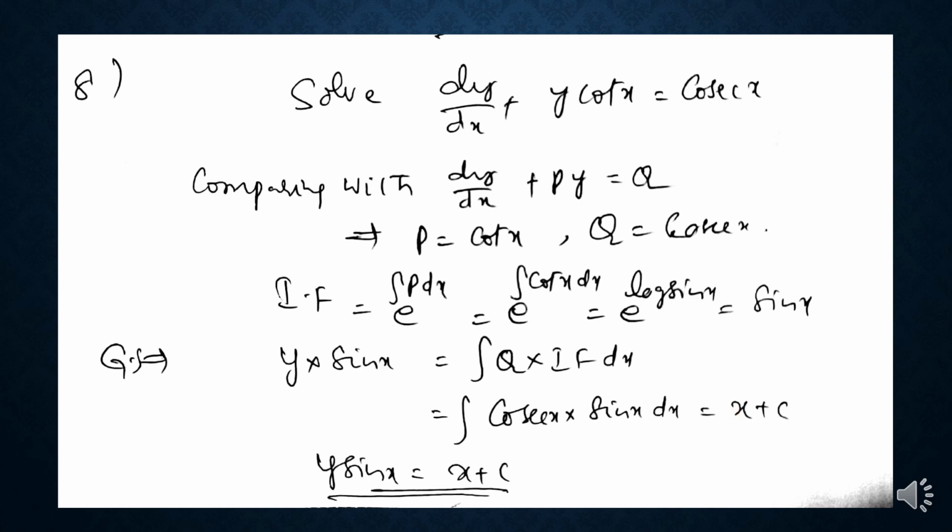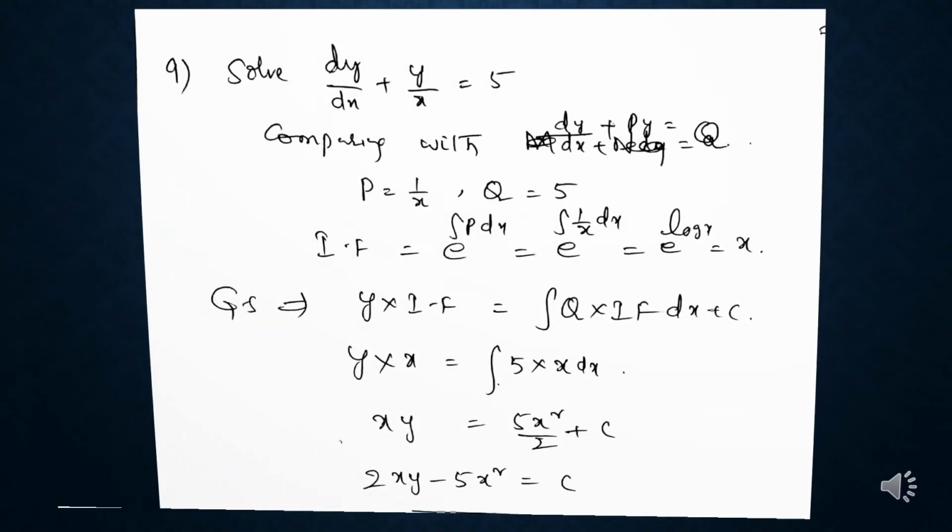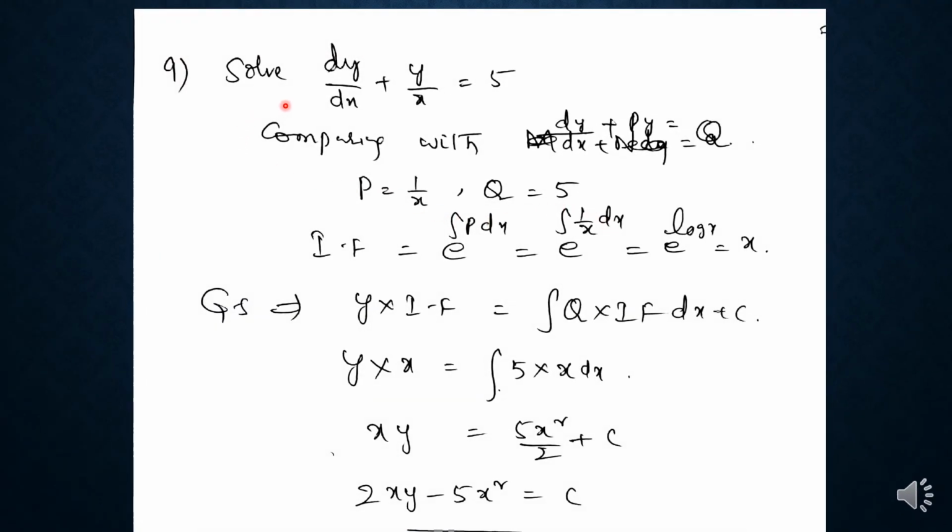Next problem. Solve dy by dx plus y by x is equal to 5. By comparing with the standard linear form, that is dy by dx plus py is equal to q, this can be written as dy by dx plus 1 by x into y.